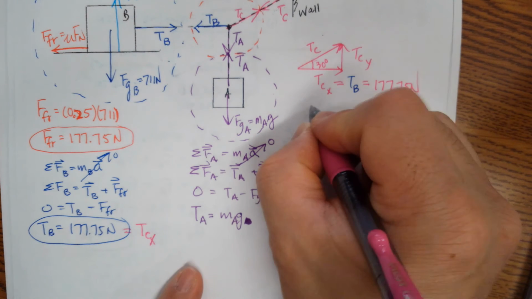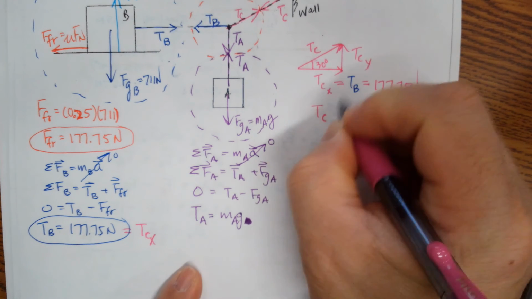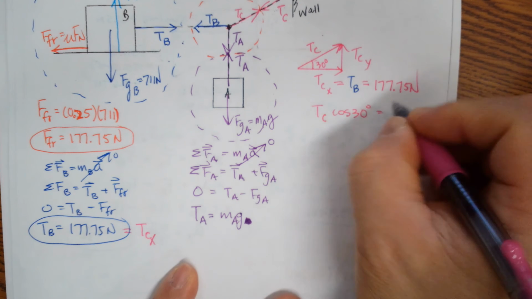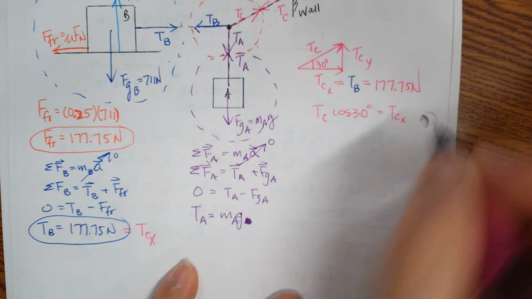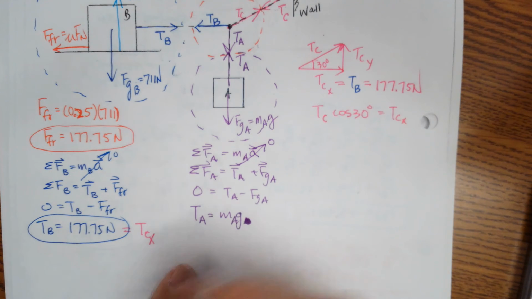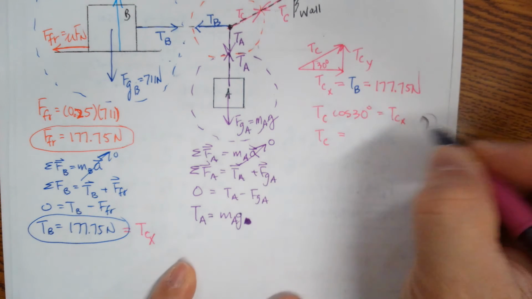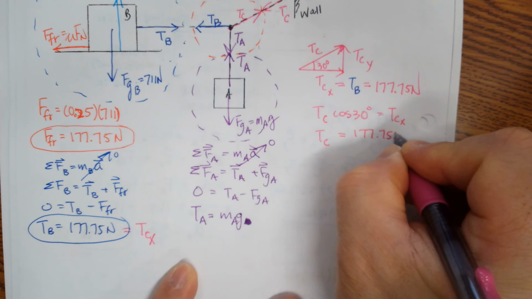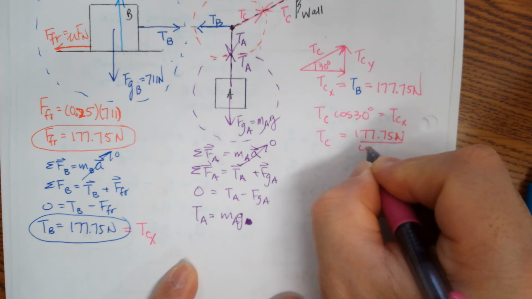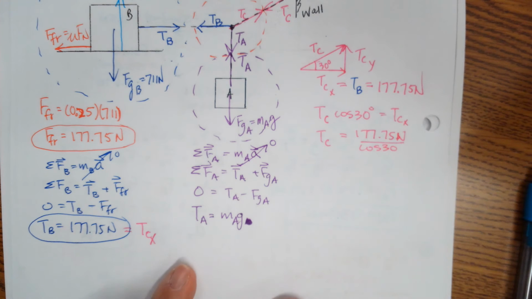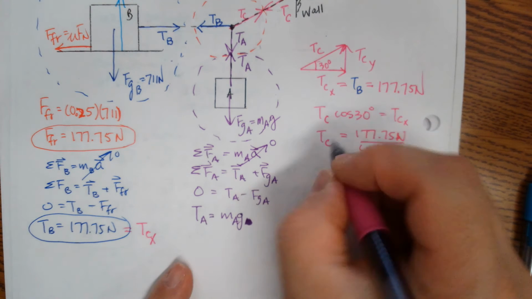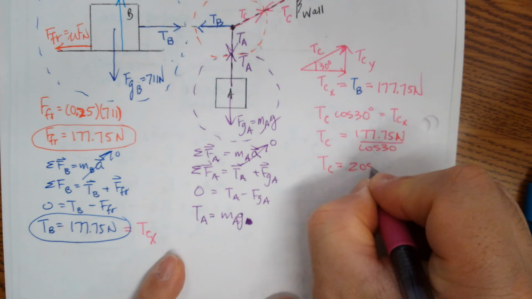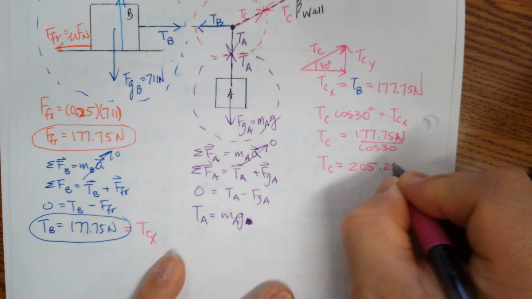Therefore, my TC times cosine of 30 is equal to my TCX. So my TC is equal to 177.75 newtons divided by cosine of 30. Therefore, my TC is equal to 205.25 newtons.